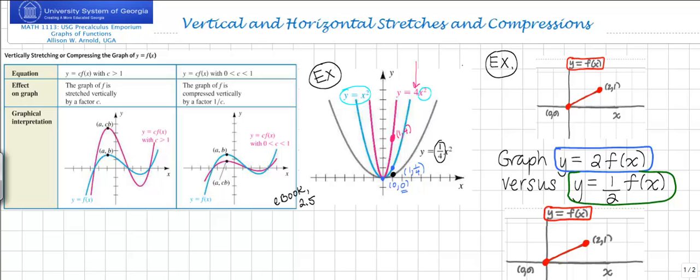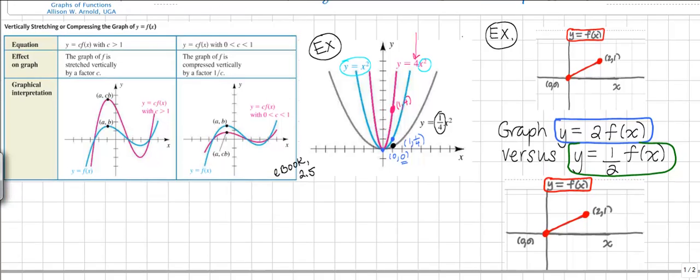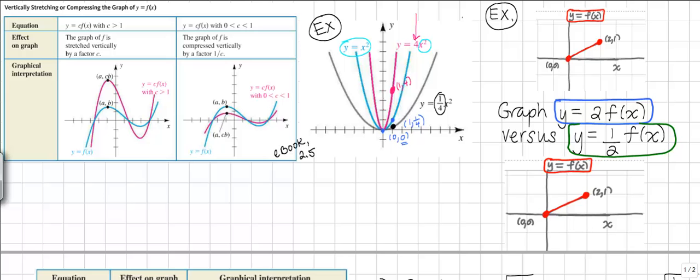Okay, taking the example I gave you in the last video segment, the line segment through 0, 0 and 2, 1, and that's our generic f of x. If I wish to graph y equals 2 times f of x, and I'll do this in blue, then what I am saying is I intend to multiply all the y values of the original by the factor 2. 0, 0 would therefore not change because y equals 0 times 2 is still y equals 0.